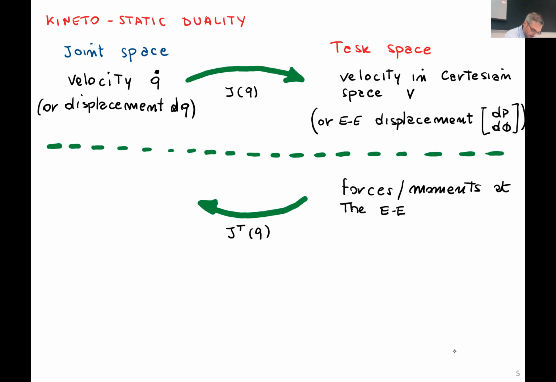So we have an inverse path, but on dual quantities. Thus, the Jacobian transpose maps forces and moments at the end effector into forces and torques at the joints. And we see that the sizes of these spaces are the same, even though they contain different vector types.